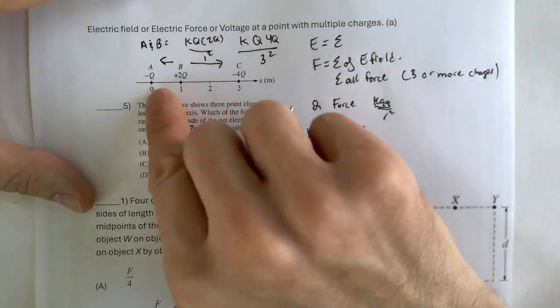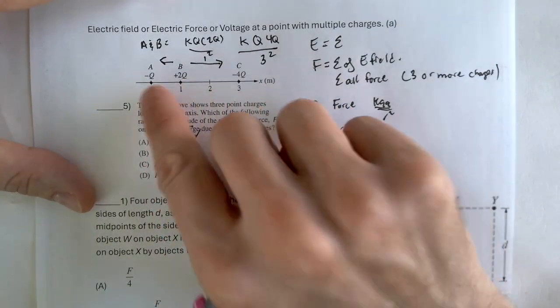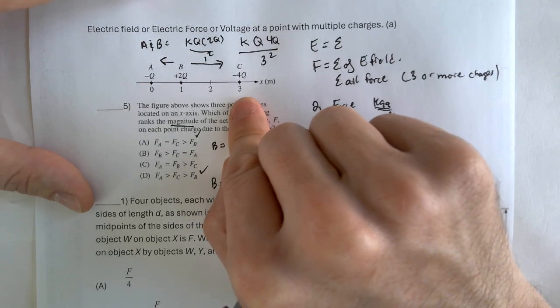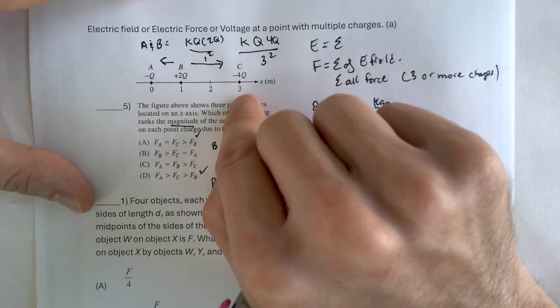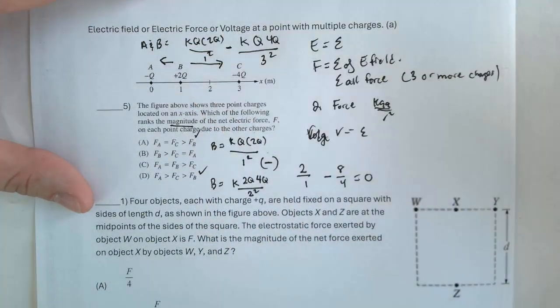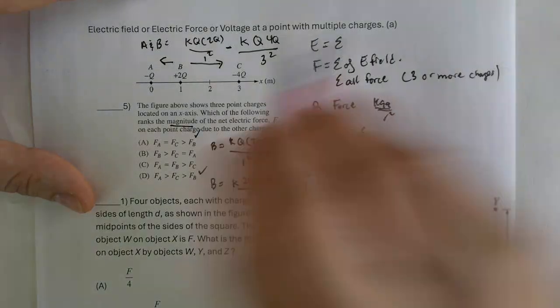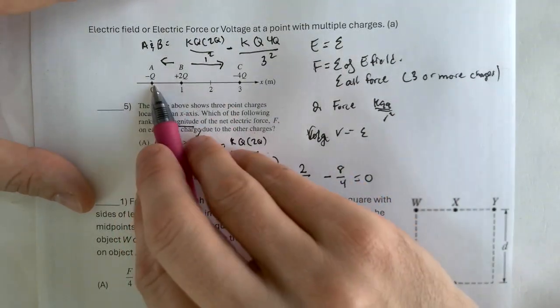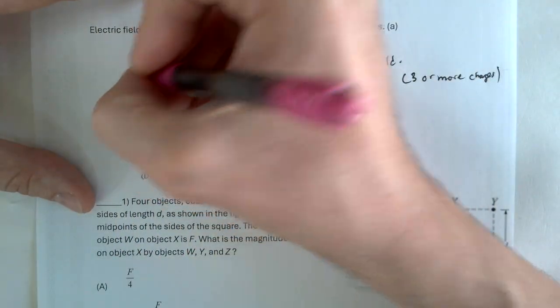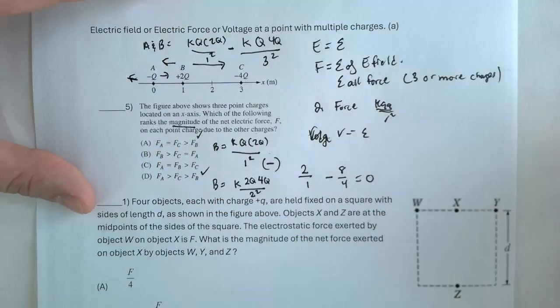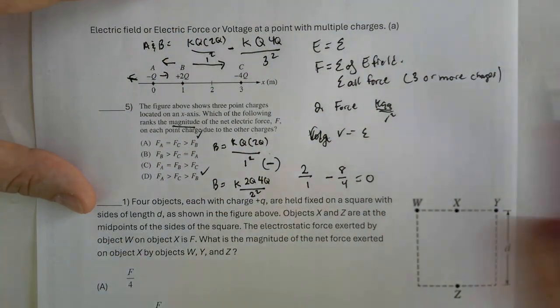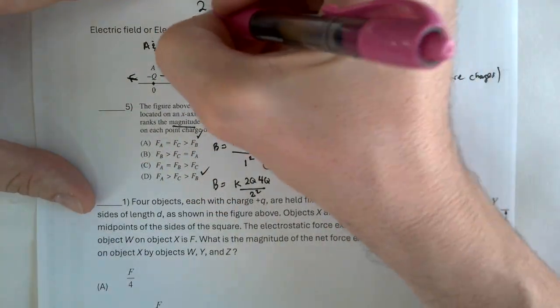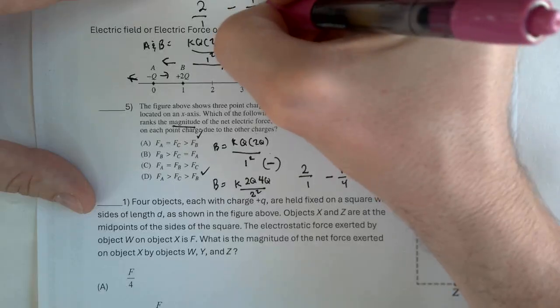It's attracted to B, but it's repelled from C. So again, these will have to have a minus in between them because they're working in opposite directions. It's attracted to B, it's repelled from C, which means that A wants to go to the left and it wants to go to the right, so they counteract each other to a small extent. So this would be 2 over 1 minus 4 over 9.